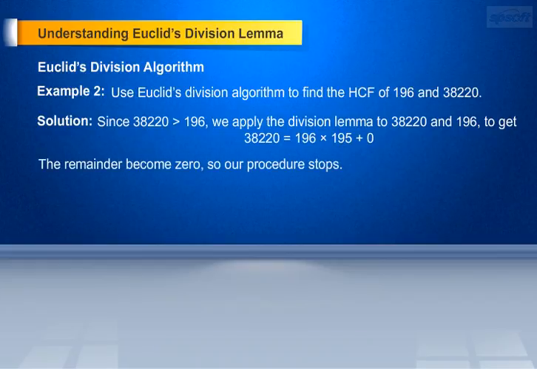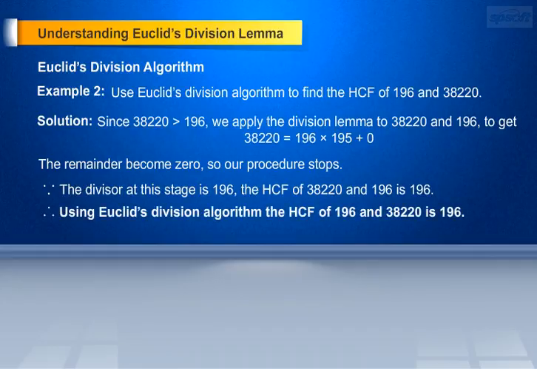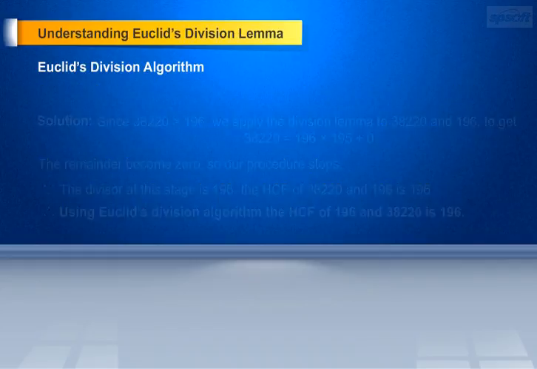The remainder becomes 0, so our procedure stops. Since the divisor at this stage is 196, the HCF of 38,220 and 196 is 196. Therefore, using Euclid's division algorithm, the HCF of 196 and 38,220 is 196.